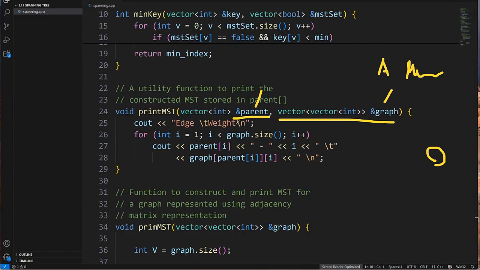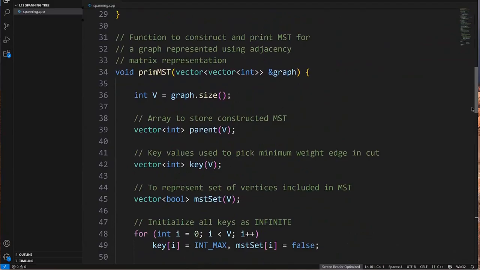So this one is your graph of the parents. This one will print your minimum spanning tree. So your main function is the Prime algorithm.